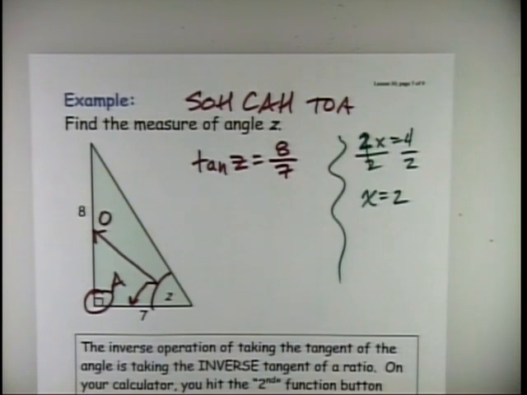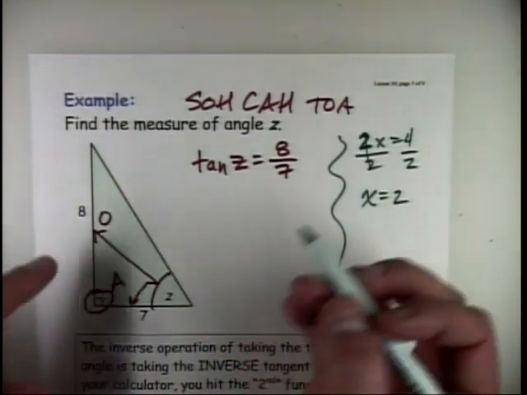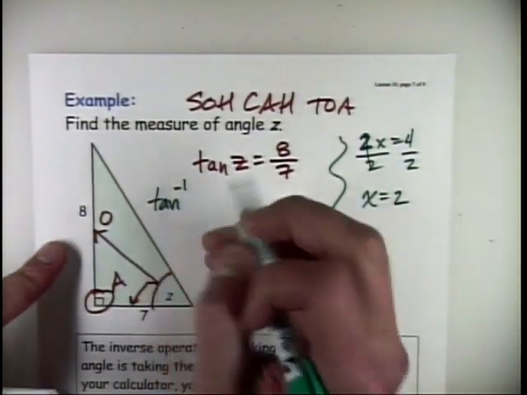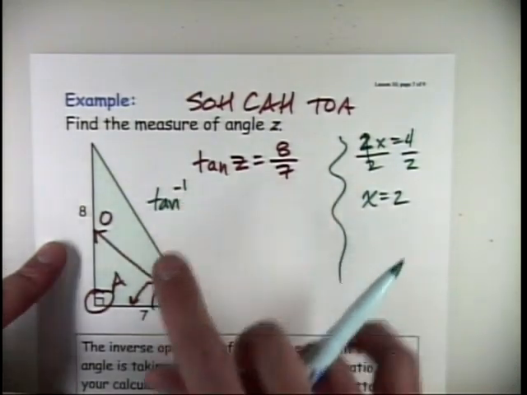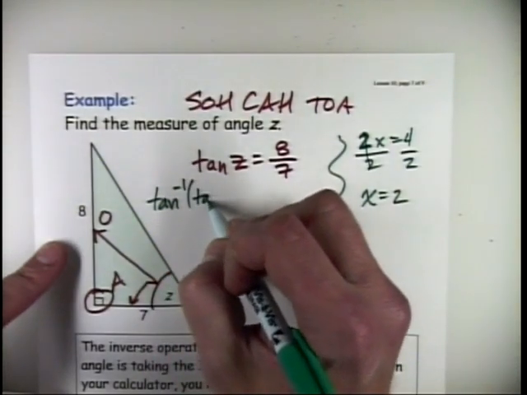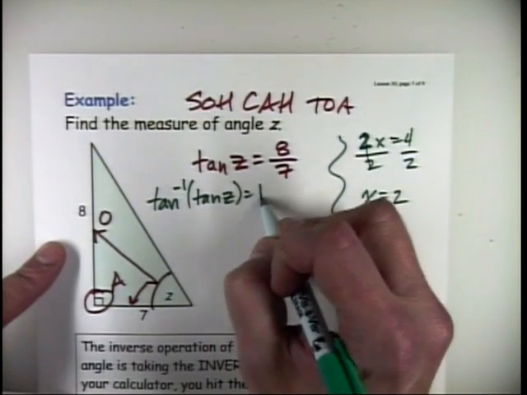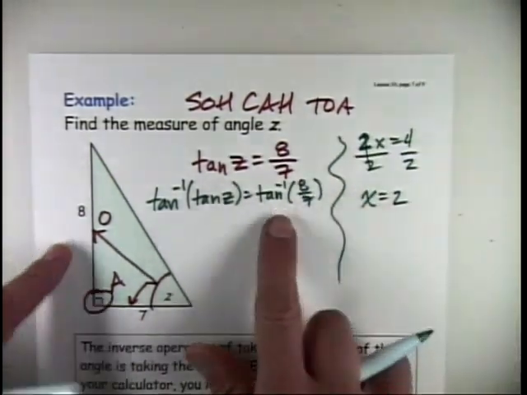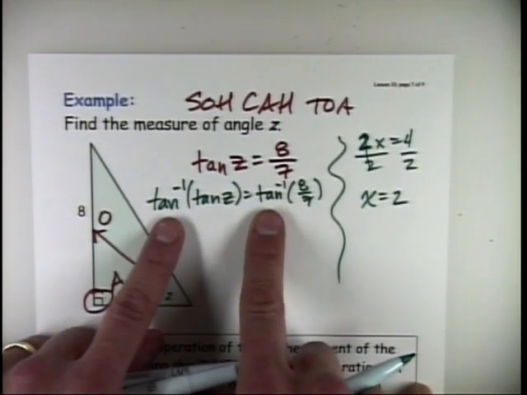You don't want to divide both sides by tan, so what you do is you take the inverse, or the arctangent. I'm going to use the inverse notation. So if I take the inverse tangent, and we denote that by putting a little -1 up here, the inverse tangent of both sides, whatever we do to one side, we have to do to the other. And inverse tangent is an operation, so we have to take it on the left-hand side.